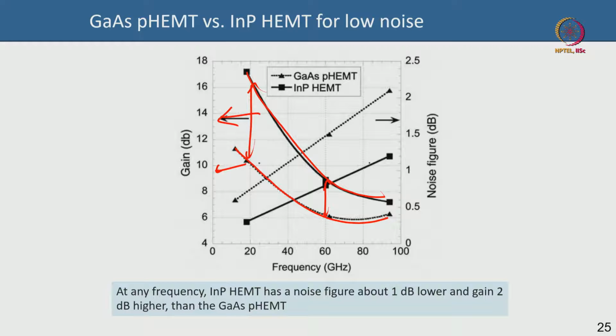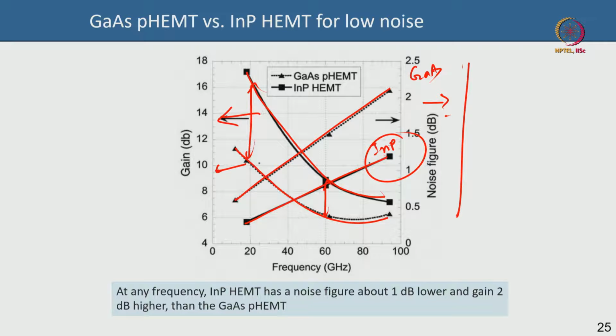What about noise figure? The noise figure should be as low as possible, right, because that means your signal to noise ratio at the output has not suffered as much as compared to the signal to noise ratio at the input. So, the noise figure should be low. This is your indium phosphide and this is your gallium arsenide. You can see the noise figure is significantly lower; dB is in log scale, so a factor of 10 you can say.